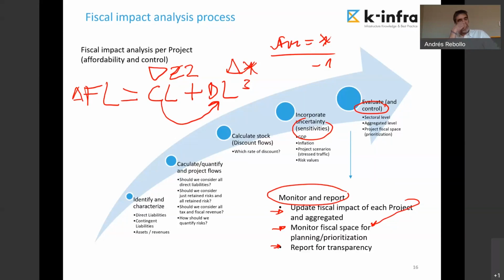Is this possible? Richard, I'm not very sure if I understand the question. How can you quantify securitization of assets as a percentage of an overall risk of a PPP project? I'm not very sure I'm understanding.